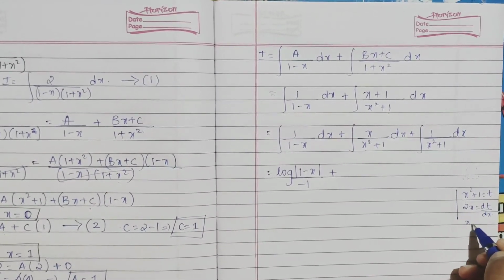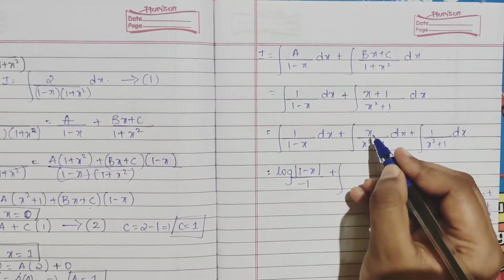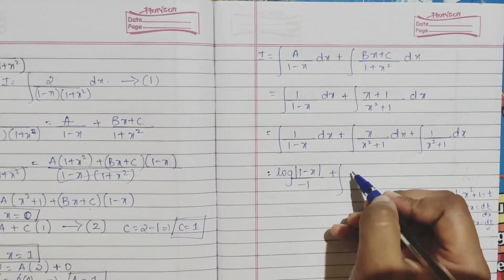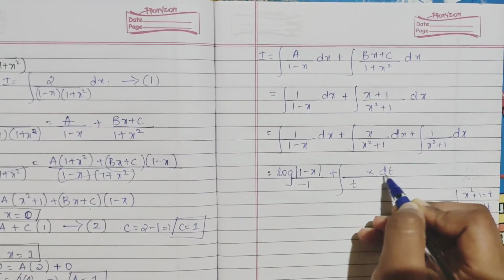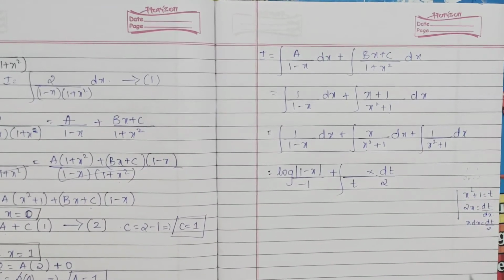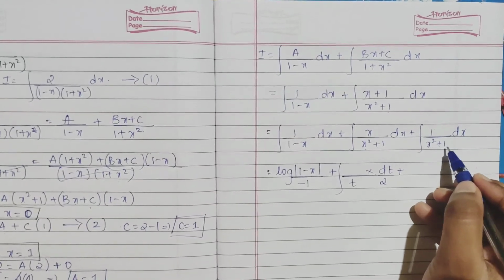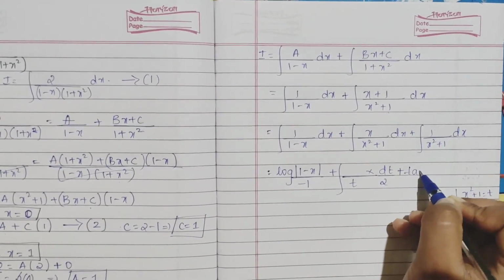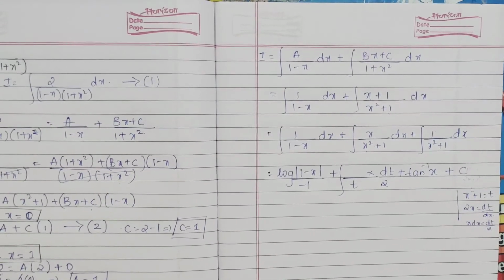So x dx I can directly find, you will get dt by 2. So you can write x dx as dt by 2, and this is your t. Plus 1 by 1 plus x square, it is tan inverse x, and plus the integration constant you write.